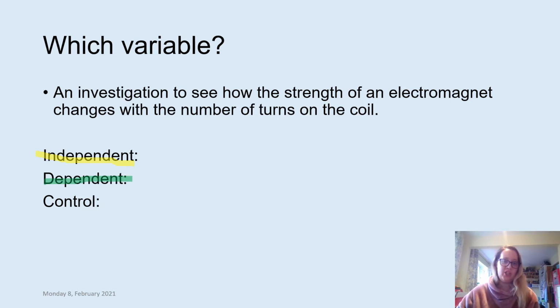The one that we're changing, which would be the independent variable, is the number of turns on the coil. And the one we're measuring is the strength of an electromagnet. And then your controls could be anything from the person turning the coil, so making it tighter, the person conducting the experiment altogether, and the type of electromagnet used, just anything like that really that you can think of.